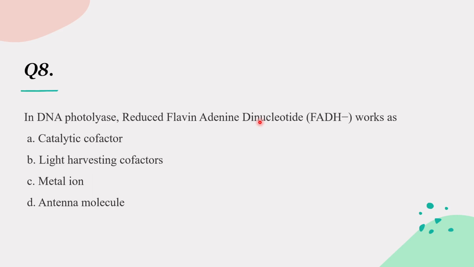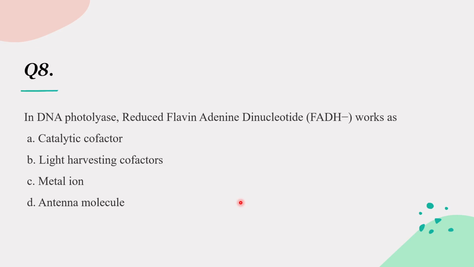Okay, this is our next question. In DNA photolyase, does reduced flavin adenine dinucleotide, FADH minus, work as a catalytic cofactor, light harvesting cofactor, metal ion, or antenna molecule? As we previously discussed in our questions on photoreactivation, we found that DNA photolyase in prokaryotic and eukaryotic organisms is responsible for the repair mechanism of UV induced DNA damage.